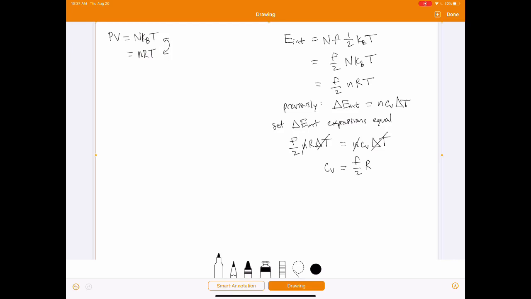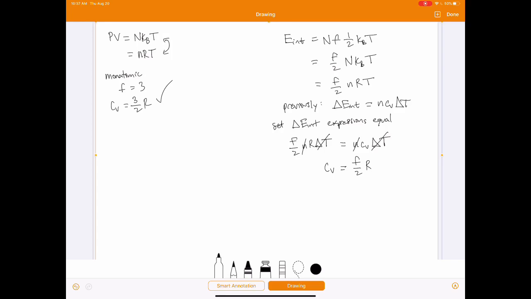And remember, for a monatomic gas, we have F is equal to 3, right? So if you plug in F equals 3, we get 3/2 R, which is the formula we had before.